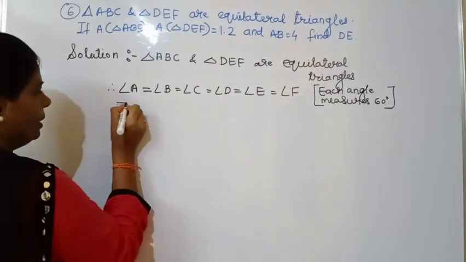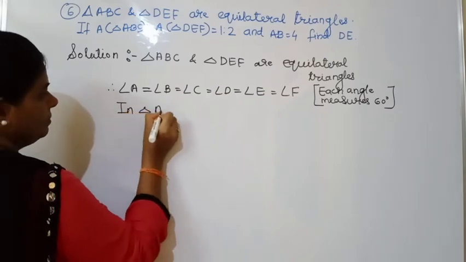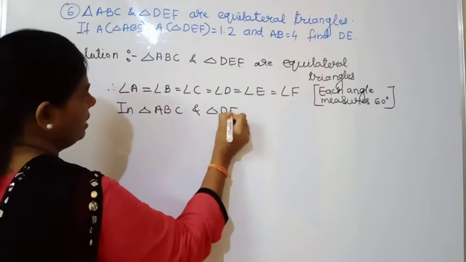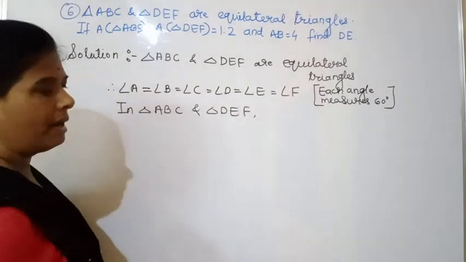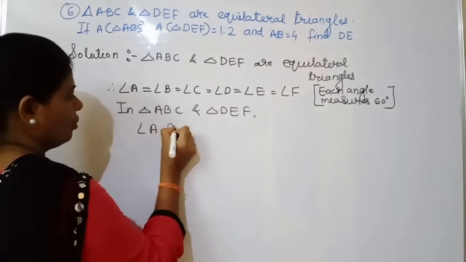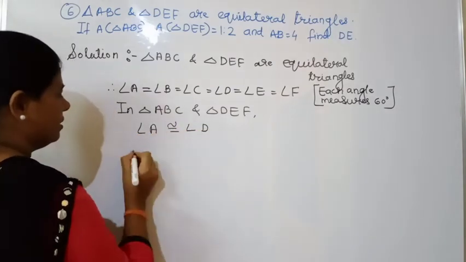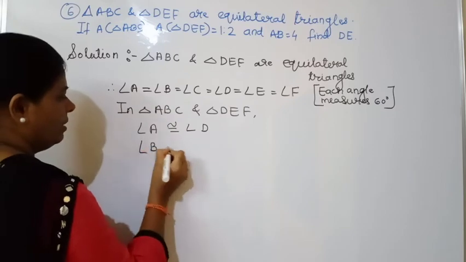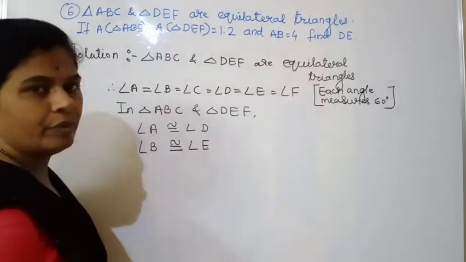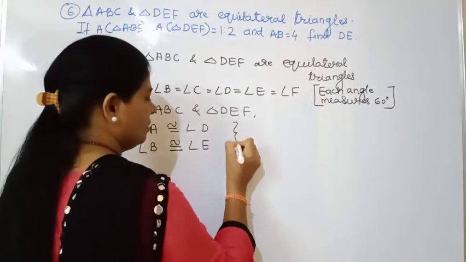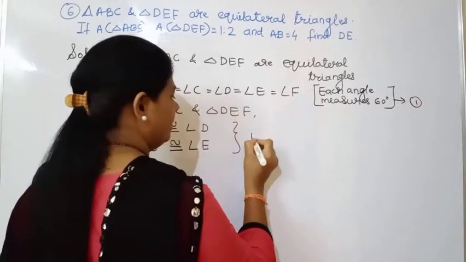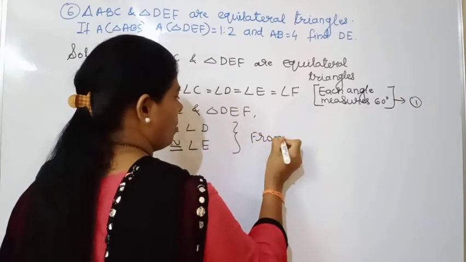Now in triangle ABC and triangle DEF, in these two triangles, as all of you know, angle A is congruent to angle D, then angle B is congruent to angle E. Here we can number it as 1 and we can write the reason, that is from 1.